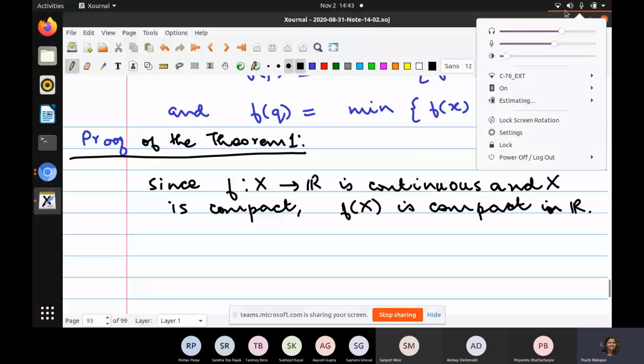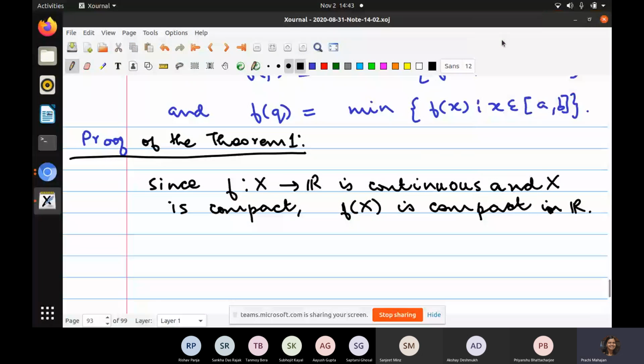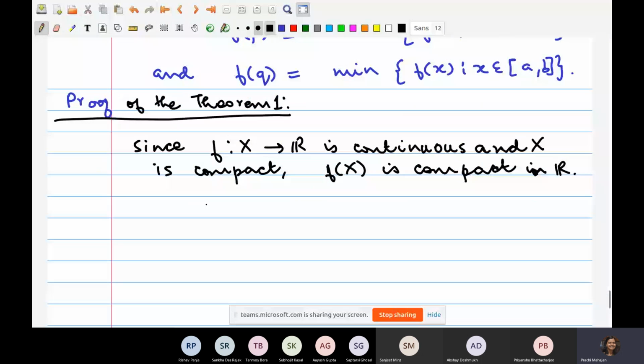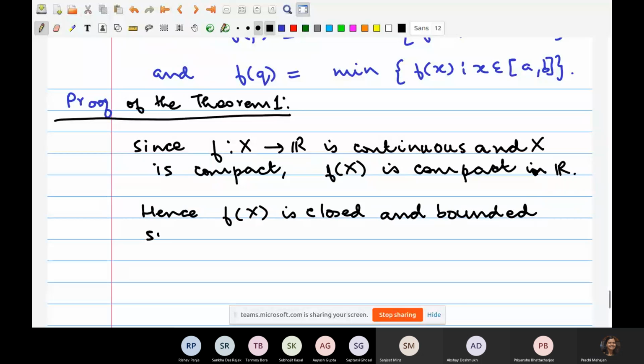So compactness of f(X) implies that this is a closed and bounded subset of R. So the first part is done, that f is actually bounded.